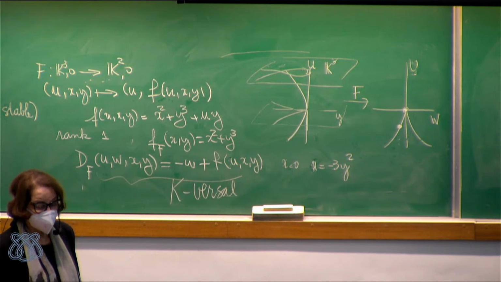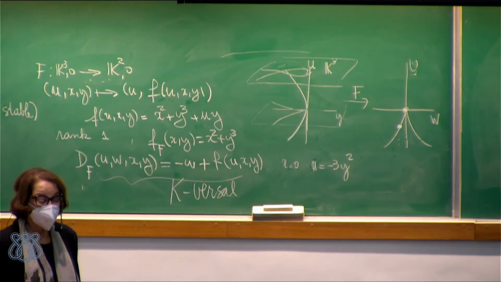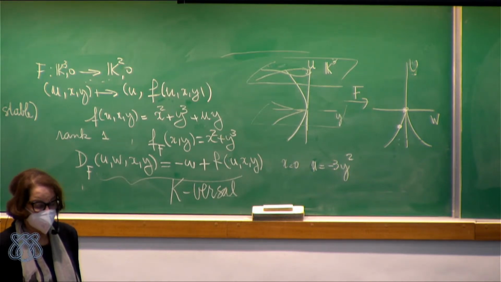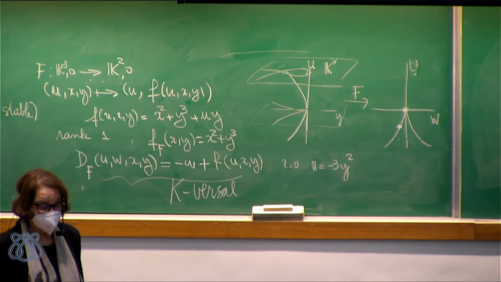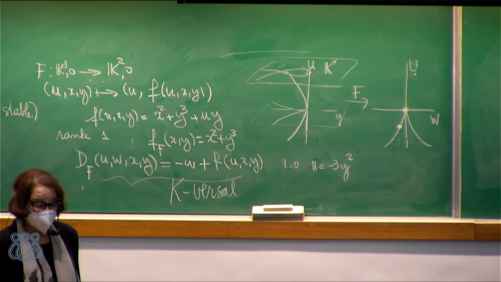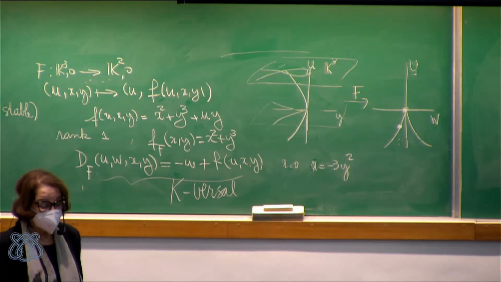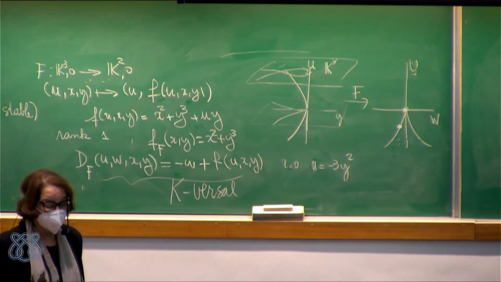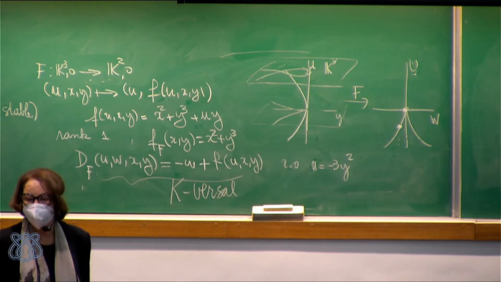I think we should take into account that we are a little bit close to the end. But anyway, this proposition says that if F and G are two K-versal S-parameter deformations of two germs F0 and G0 of rank 0, if F0 and G0 are K equivalent, then pi F and pi G are A equivalent.